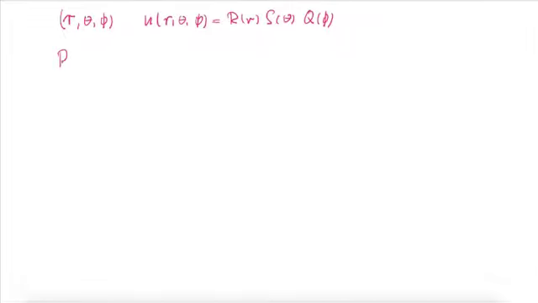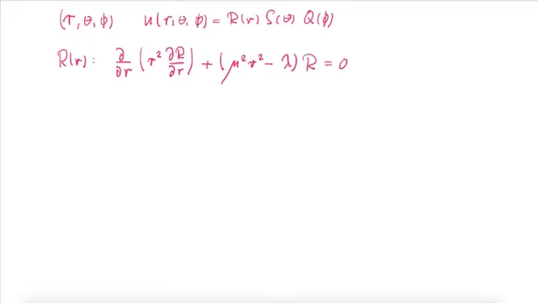So the radial problem becomes the following. So we get d by dr of r square, d big R by dr. So that's the second r derivative in a modified version. And then we have a mu square r square minus lambda times R is equal to 0.